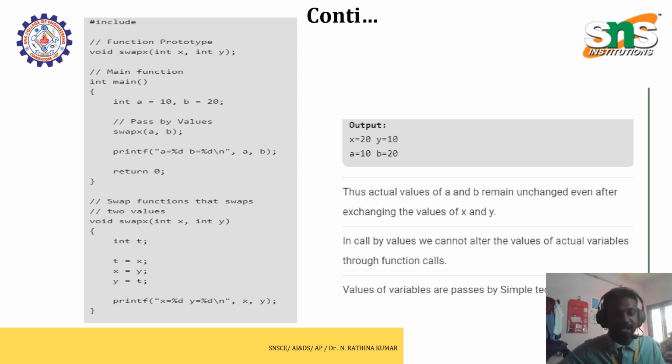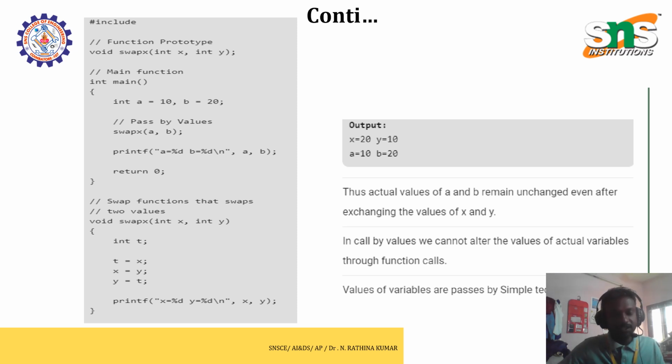Then next, swapx(a, b) is called a function call. We already discussed the different types of function call. We can call the function simply by using the name of that function. Here the name of the function is swapx, so we simply use it inside the main function. Here we use two parameters, a comma b.